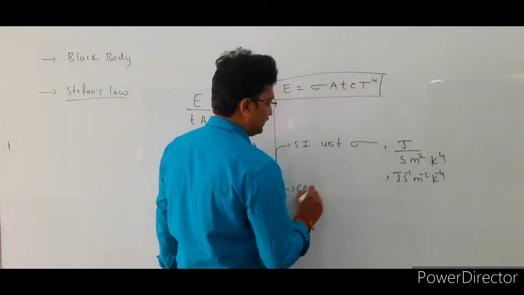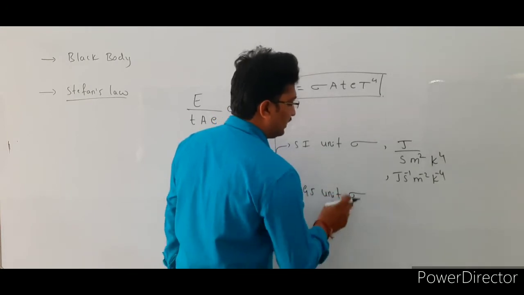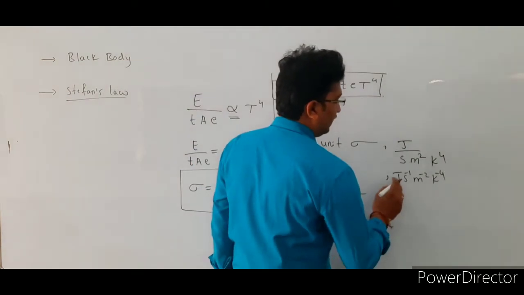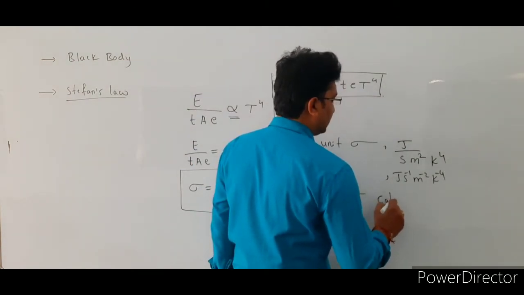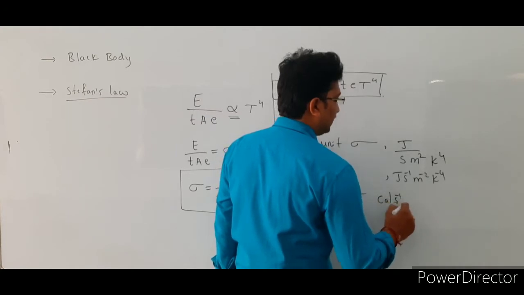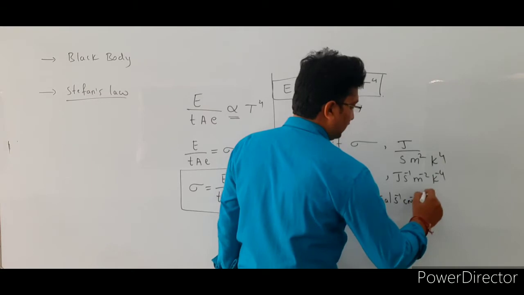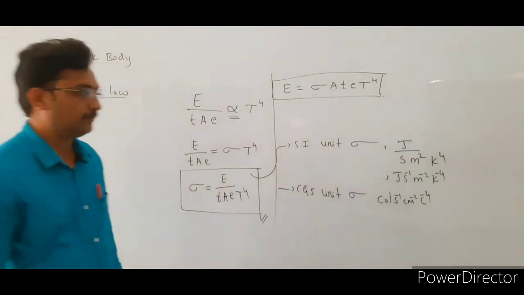And the next one, CGS unit of sigma. Sigma is nothing but Stefan's constant. The CGS unit of sigma is, in SI system energy is measured in terms of joule. In CGS system, that is calorie per second per centimeter square, and C to the power of minus 4. Okay.